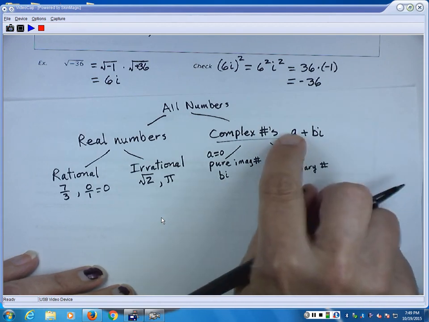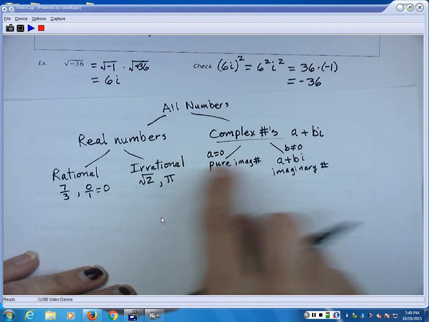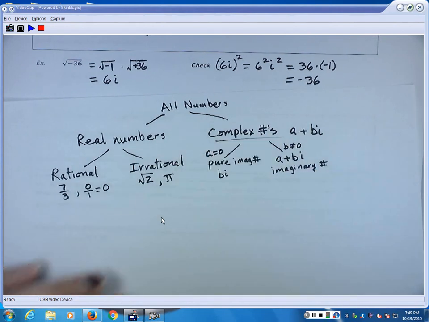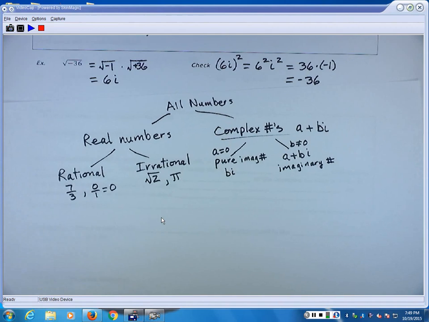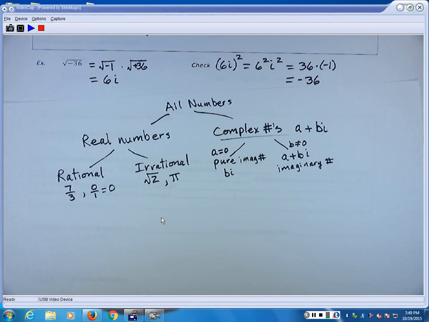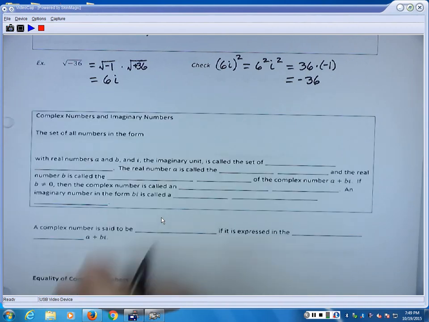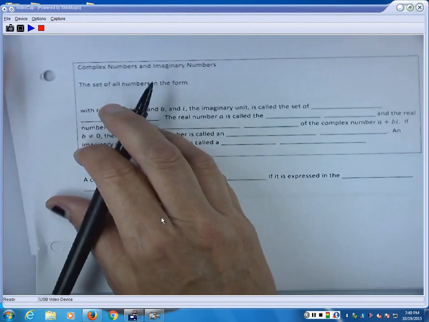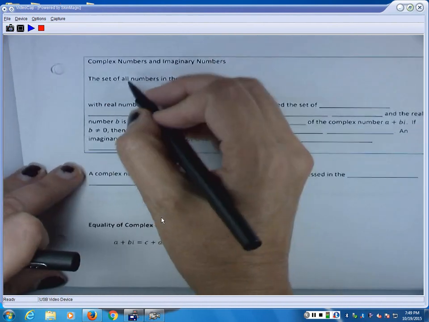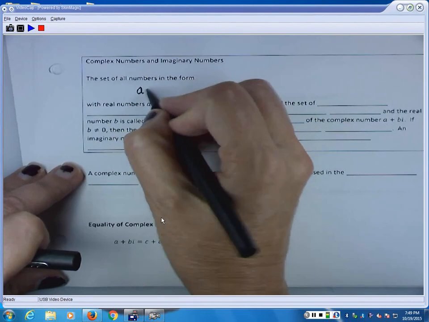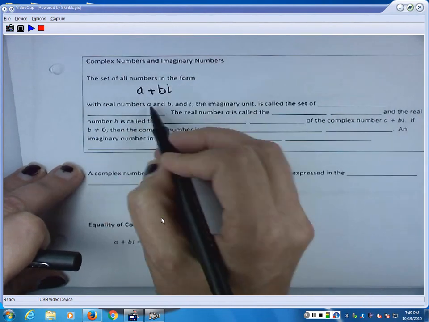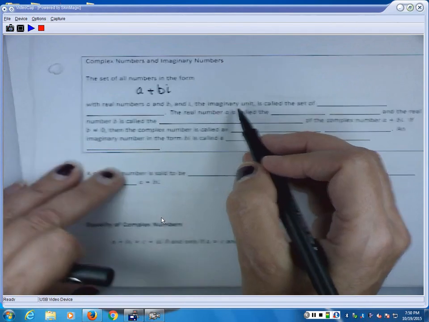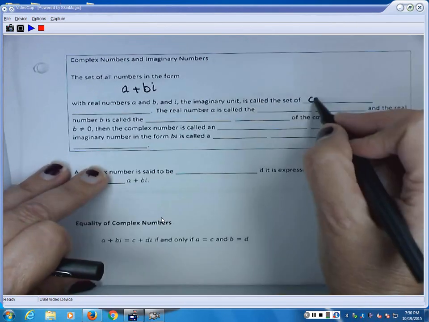If a equals 0, you have pure imaginary numbers, and these go under there. So if we fill in the complex numbers: the set of all numbers in the form a plus bi with real numbers a and b, and i the imaginary unit, is called the set of complex numbers.